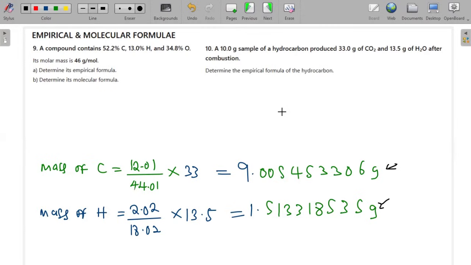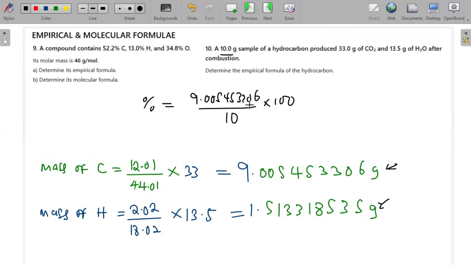Okay, so I was saying we can find the empirical formula using these masses, or if you want, you can actually first find the percent compositions, so that they are in percentages, because percentages are easier to handle. So I'm going to say, let me find the percentages here. So percent for the carbon is just 9.005453306 divided by the total mass of the sample, which is 10, multiplied by 100.